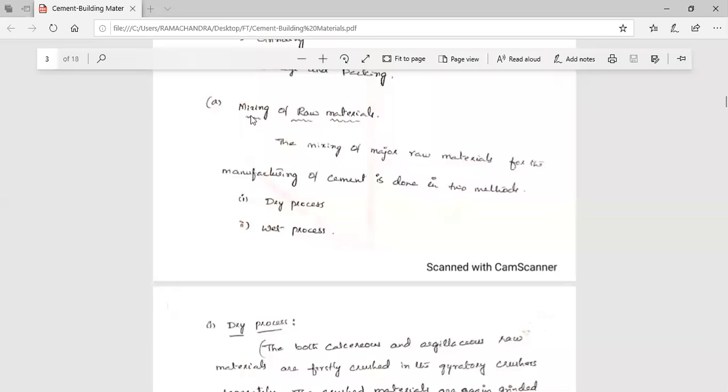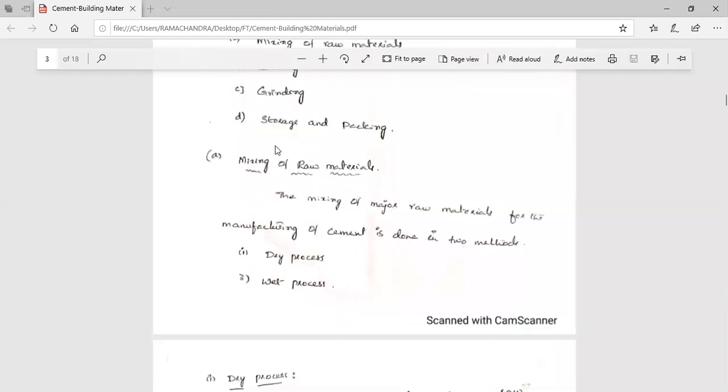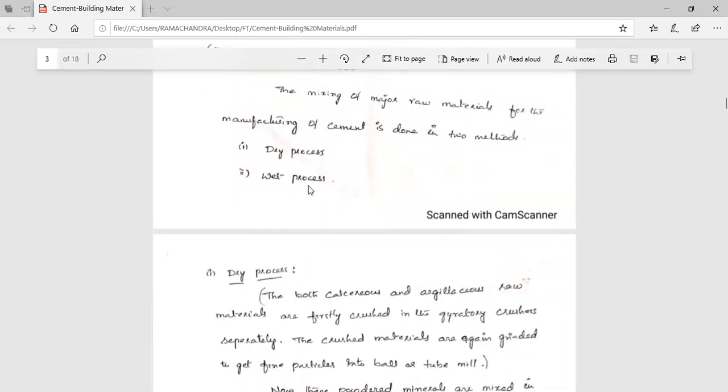One is the dry process and the second one is the wet process. We use these for mixing of raw materials while manufacturing the Portland cement, which is the first step.